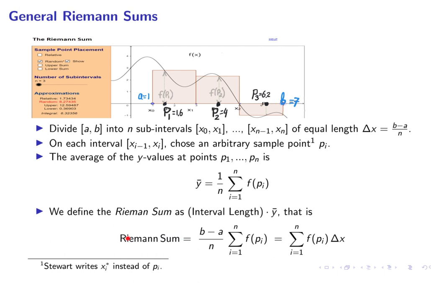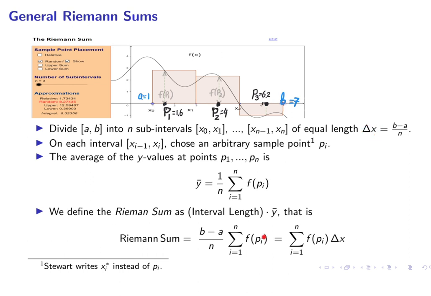So the Riemann sum will be the product of b minus a times the average y value. Now note that we have a summation of the y values multiplied by the term b minus a over n. But b minus a over n is just the length of each individual interval, which we denote by delta x.